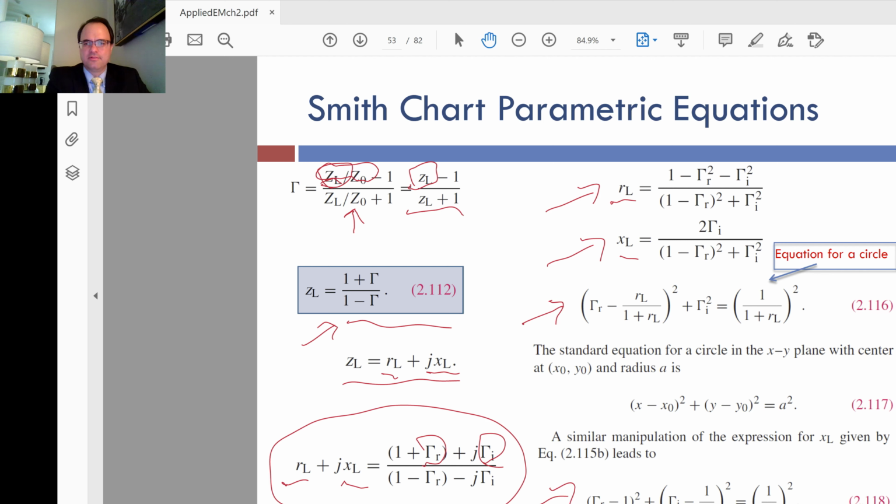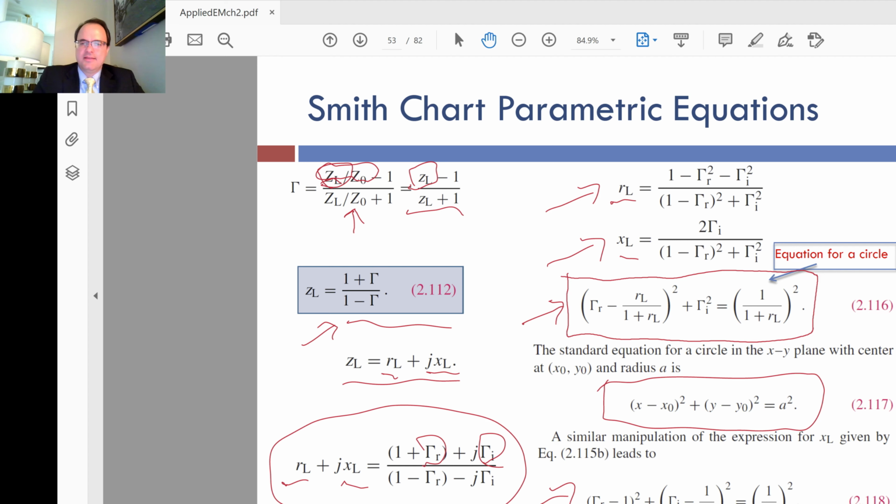From that, we immediately recognize those two equations are in the form of an equation for a circle. Circles that have different radii and different centers. So let's focus on this one for the moment.